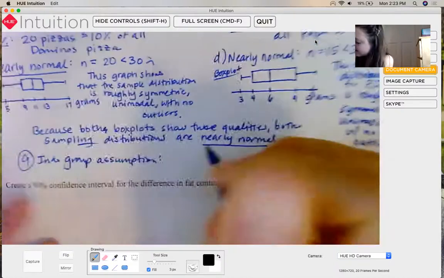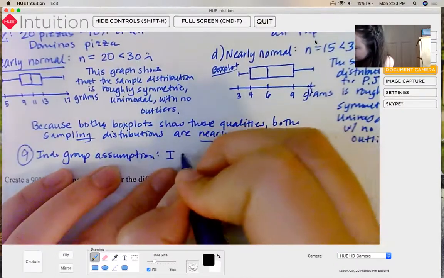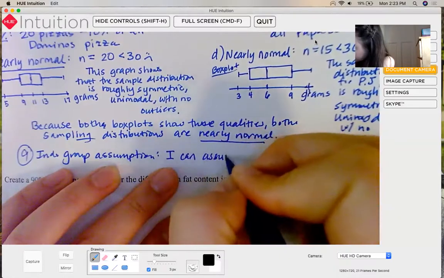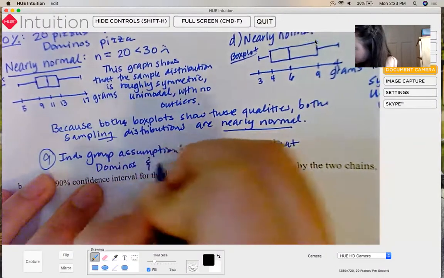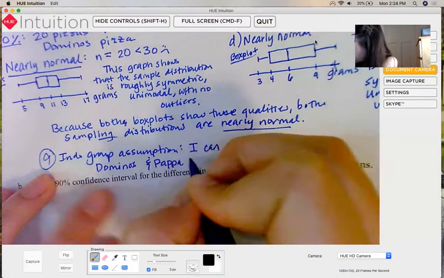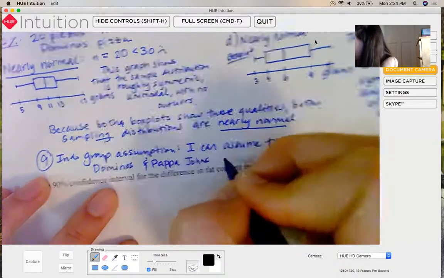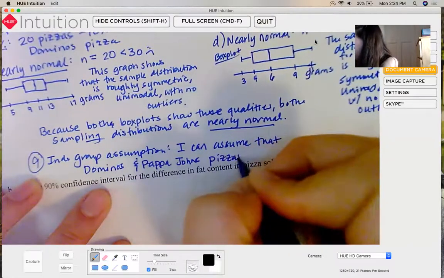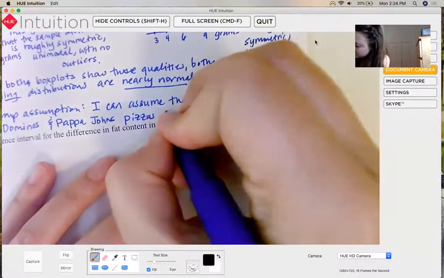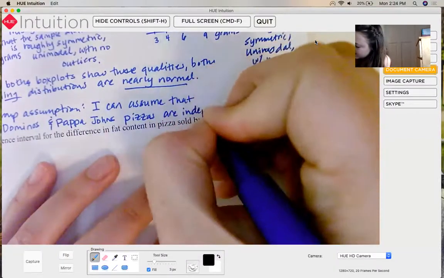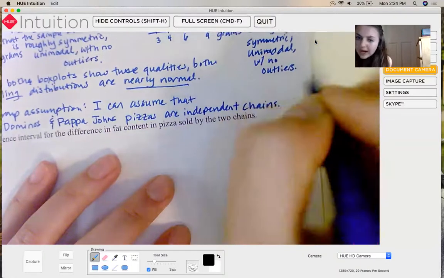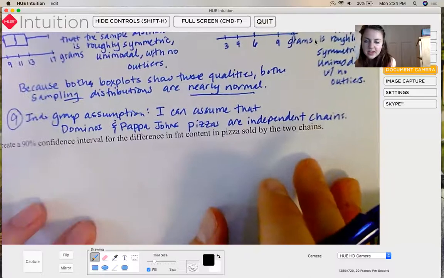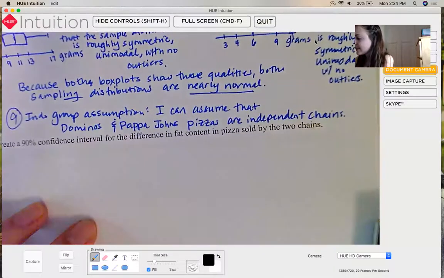And that is, I can assume that Domino's and Papa John's pizzas are independent chains. You could say pizza chains, right? Great.